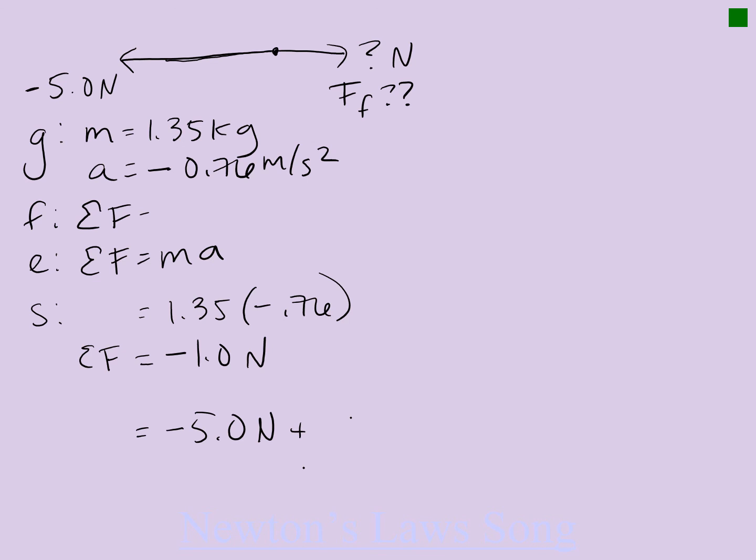Or if you want to do it the correct way, we could say force of friction. Okay, and I can substitute in this, so I know that this is negative 1.0 newtons. So basically, the frictional force is 4 newtons when I do the algebra. And because it's positive, that means I know it's to the right.